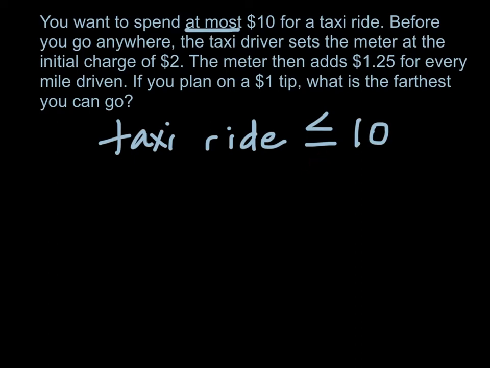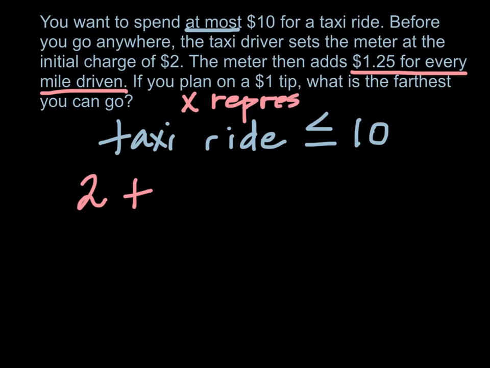Now, my taxi ride I know includes the initial $2 plus we know it's $1.25 for every mile driven. So my variable x represents what they're asking us to find, which is what's the farthest we can go. So x represents number of miles.